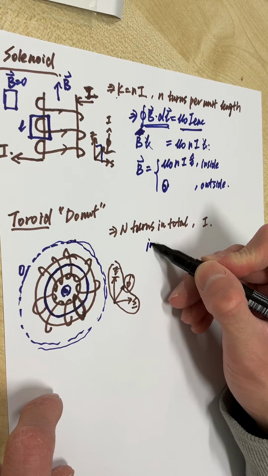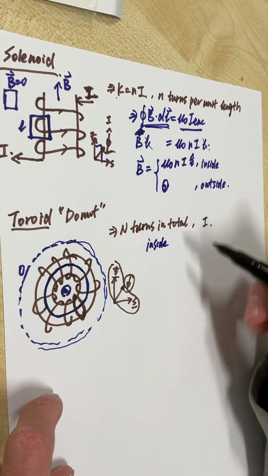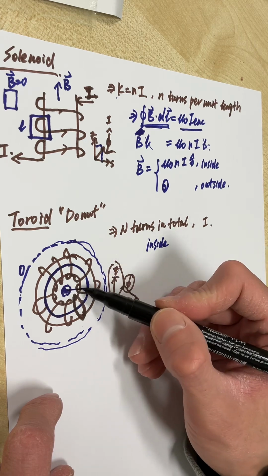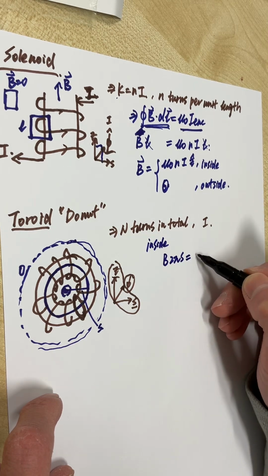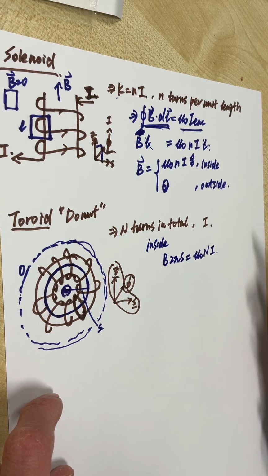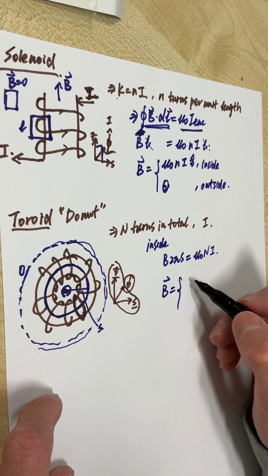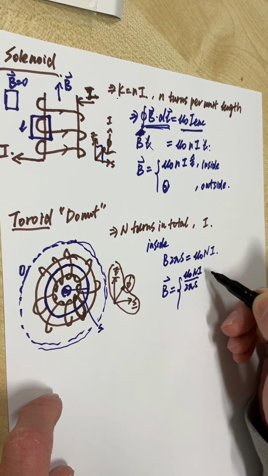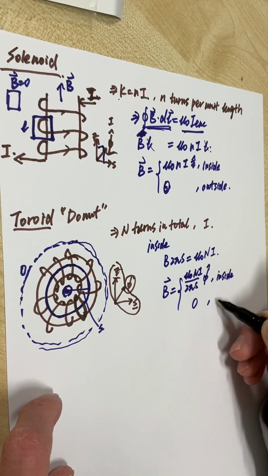So for this inside Amperian loop, on the left-hand side, if the radius is represented by S, then we have B times 2 pi S equal to mu 0 times the total current enclosed, that would be N I. So we can summarize: B equals mu 0 N I over 2 pi S. The direction is phi when it's inside and then nothing outside.